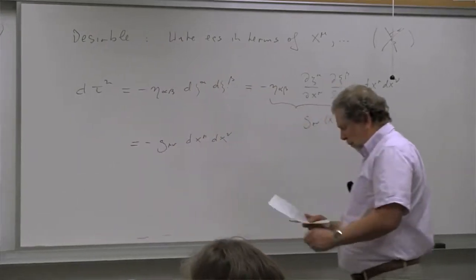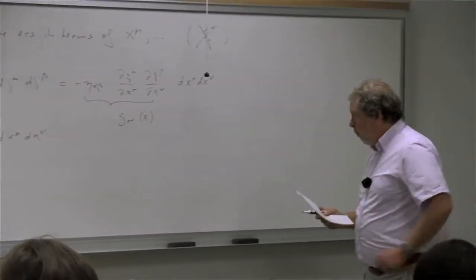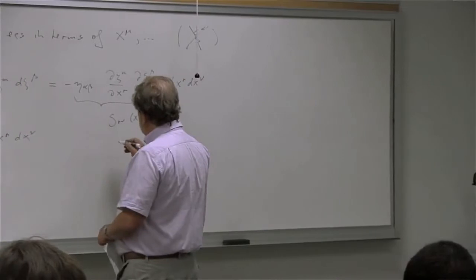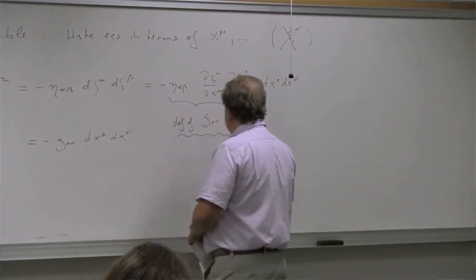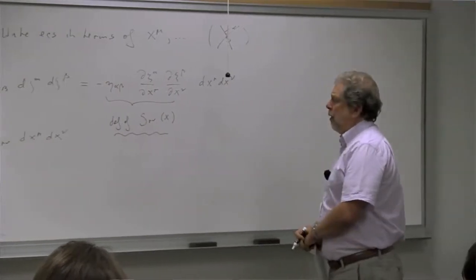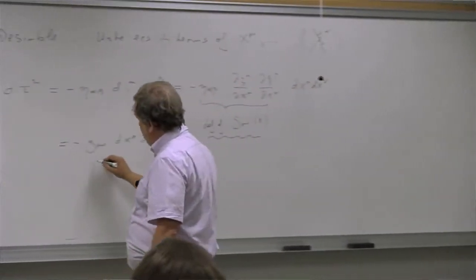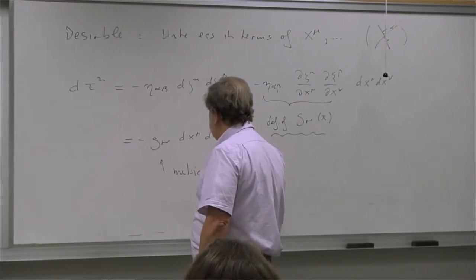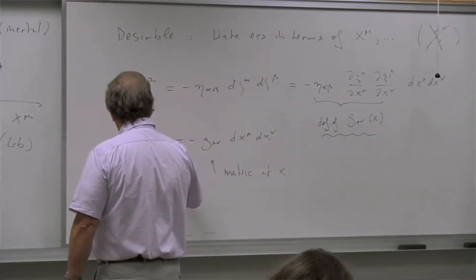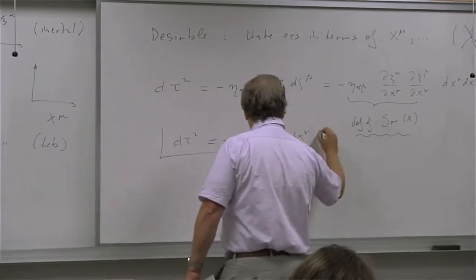Okay. And so this is the definition of the g mu nu, this object here. And so this is called the metric at x. Right? So d tau squared is equal to this.